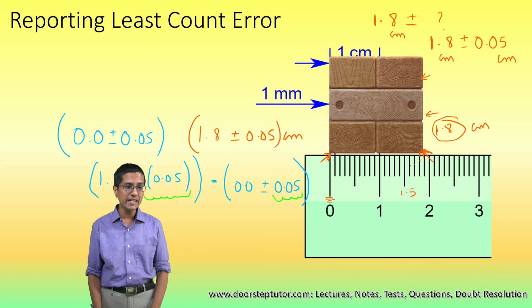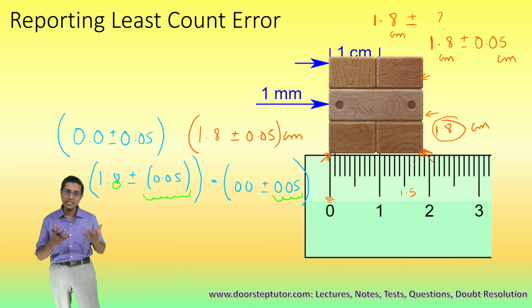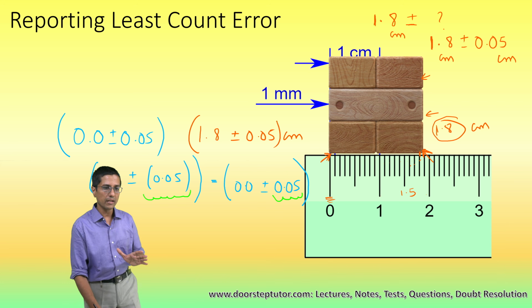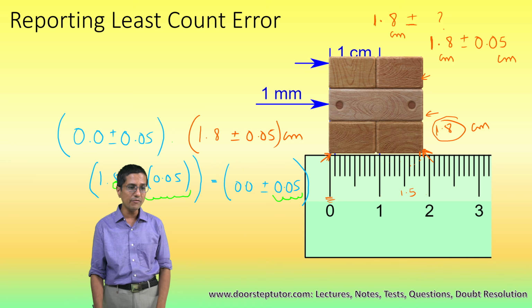The net uncertainty is, see, the total error always gets added when I am adding or subtracting. That is to be expected, because to get the maximum variation in the net reading, I have to take the maximum value of the first quantity, because there is a subtraction sign here.